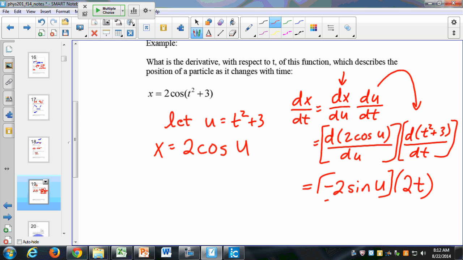That would be like 2 times t to the 2 minus 1, and then 0 times 3, because it's assumed that there's a t to the 0 right here. So 0 times 3 times t to the 0 minus 1, which is just 0. So the derivative of a constant is 0. All right, and then I can make my substitution for u, and I find that the answer is negative 4t sine of t squared plus 3.